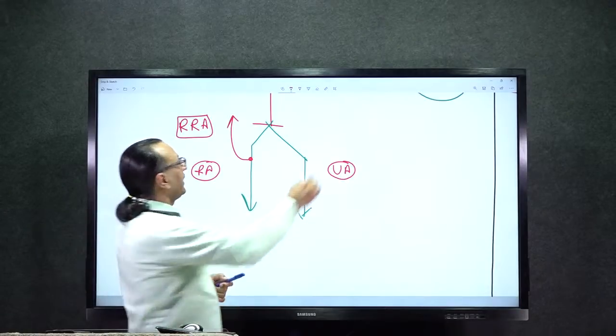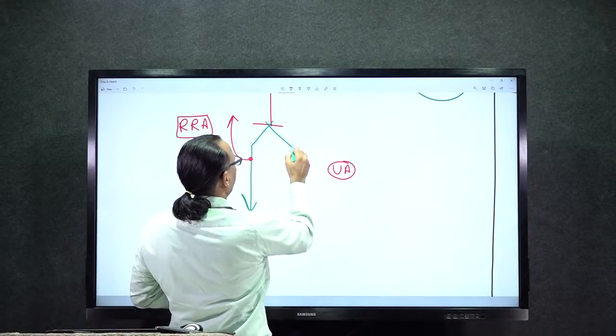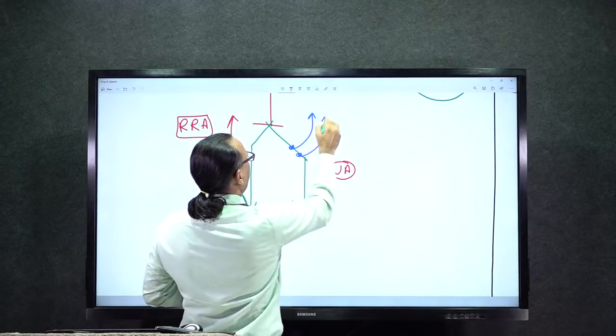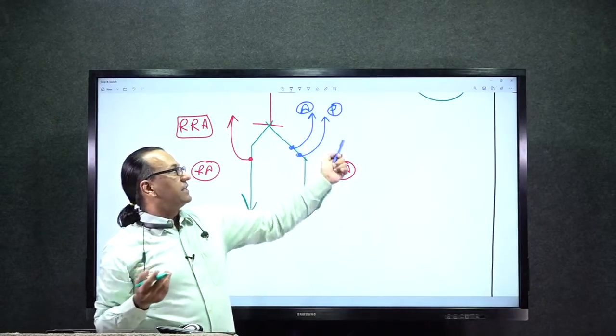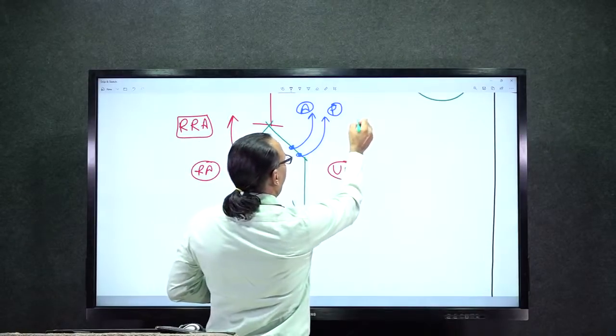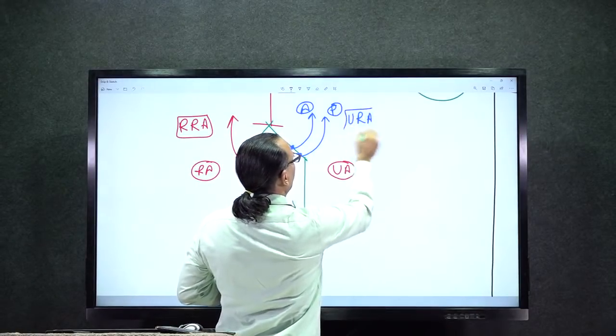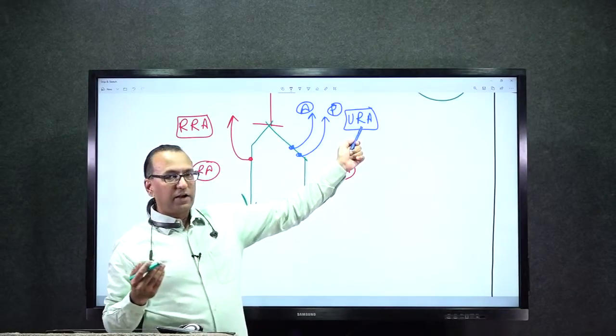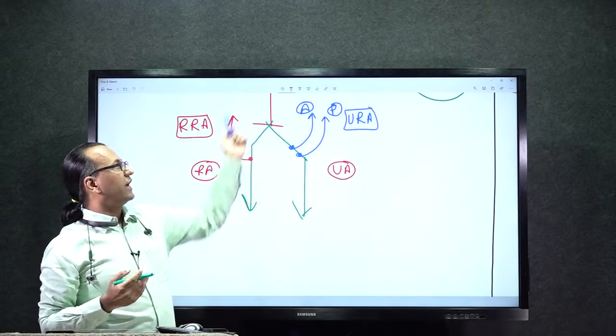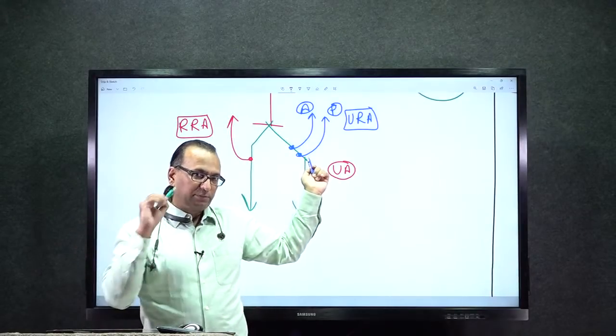Recurrent. Which recurrent was it giving? Anterior and posterior. Anterior and posterior recurrent arteries, but from the ulnar side. So the anterior ulnar recurrent artery and posterior ulnar recurrent artery make an anastomosis around the elbow joint.